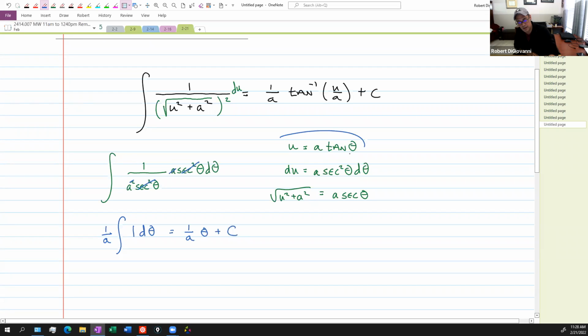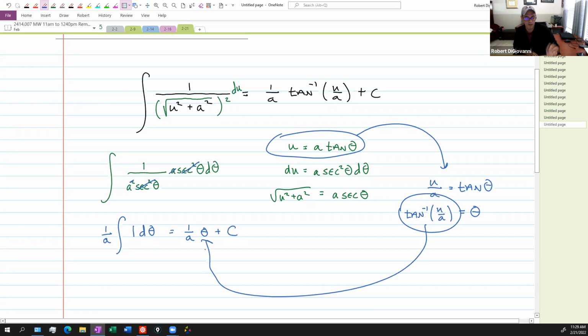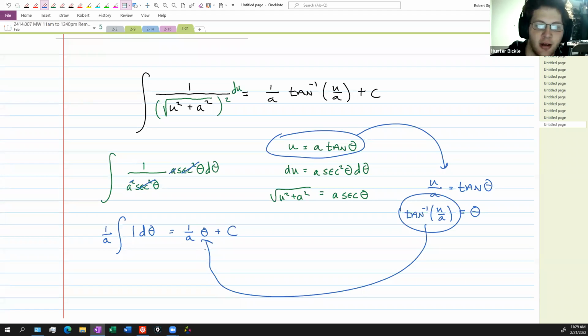Go back to this and divide both sides by a, and then take inverse tangent on both sides. And you have theta. That gets pushed in right there, and then you have the formula. Make sense? Yeah, that's really cool. Okay, gotcha.